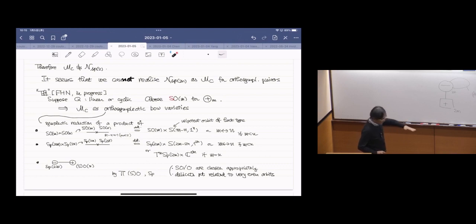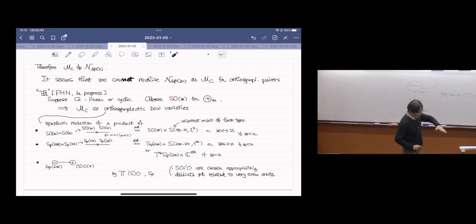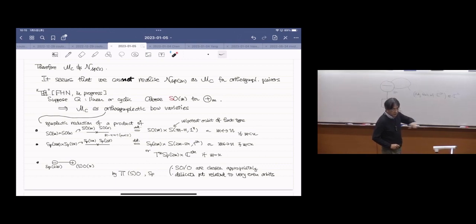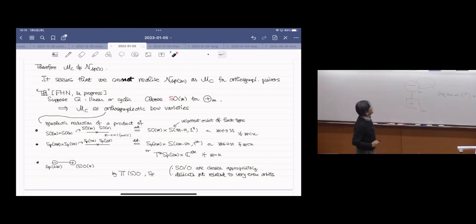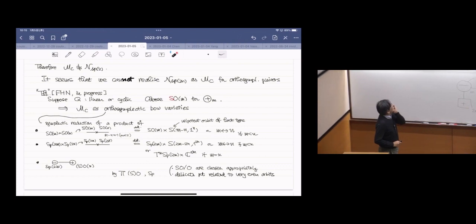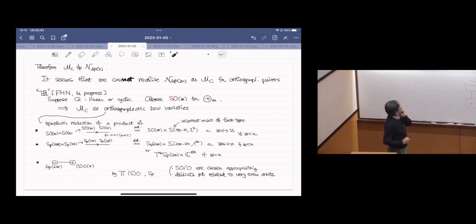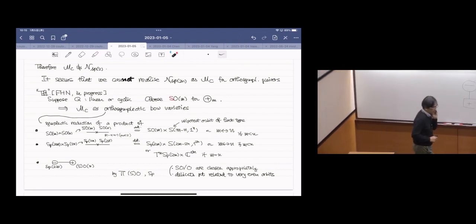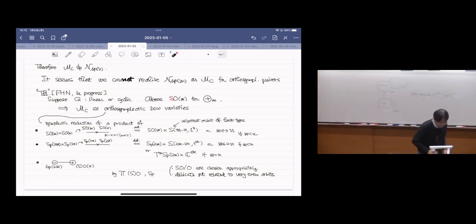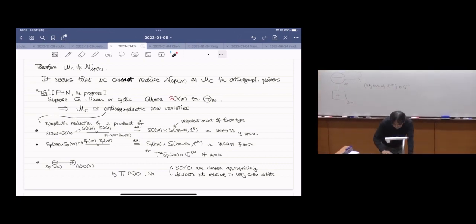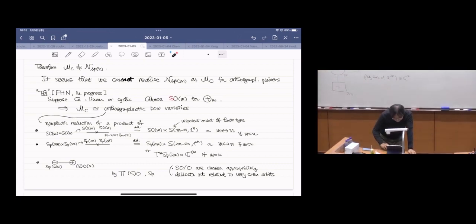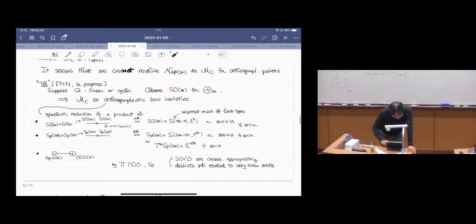As I said, for very even orbits, orthogonal orbits and special orthogonal orbits are different, and we must be careful about the corresponding phenomena for orthosymplectic Bohr varieties. Okay, unfortunately I do have some time to explain examples.